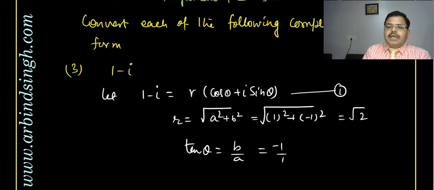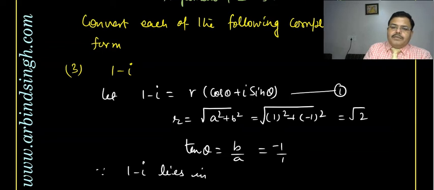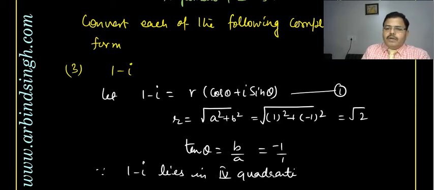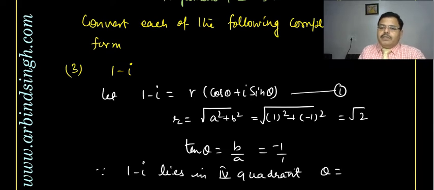And since 1 minus iota lies in the fourth quadrant, theta lies in the fourth quadrant, and therefore theta is equal to minus of the modulus, taken as 1 and 1, which is pi by 4. But theta is minus pi by 4.